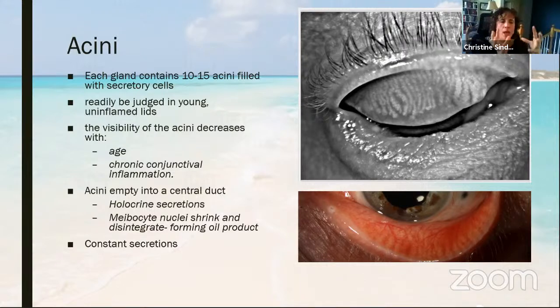What happens is that nucleus degrades, the whole cell shrinks a little bit and gets pushed out into the ductal, which is the center duct of the Meibomian gland. That's called a holocrine secretion. So the meibum is actually a packet of oil that gets pushed out onto the ocular surface.